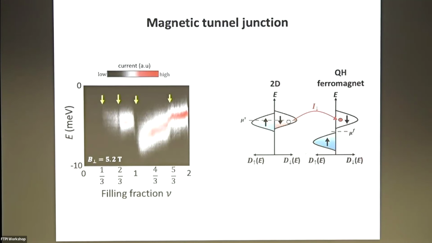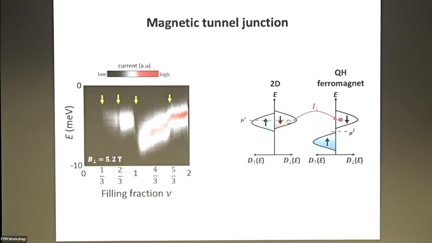So the idea is that we're going to tunnel into this filling factor 1 state. So we're going to set one of the wells to be a quantum Hall ferromagnet at filling factor 1, and the other one we're going to vary the electron density in it. That's this axis here. So I'm going to vary the electron density in one of the wells between filling factor 0 and filling factor 2.